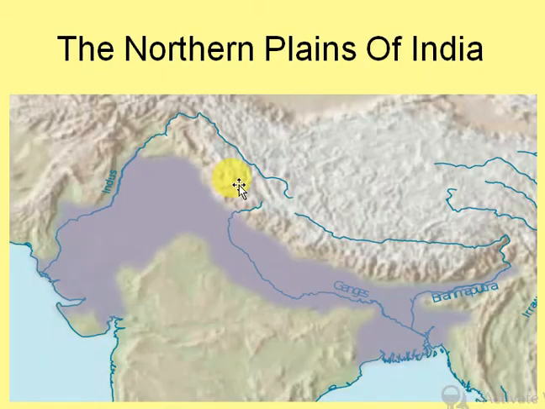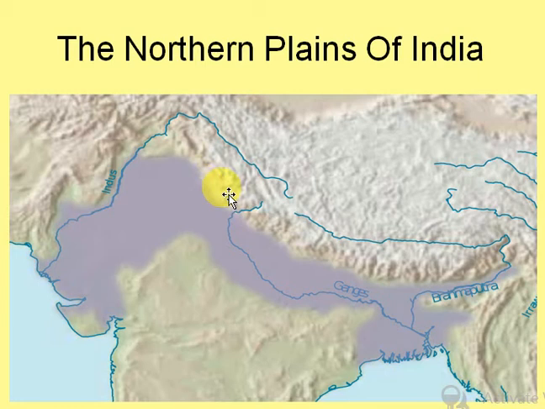Now this is an example of the northern plains of India. You can see the northern plains, and the colors show the Ganges river, the Brahmaputra river, the Indus river, and all these are the mountainous areas. You can see the origin of these rivers from this image, and all the tributaries and distributaries also.